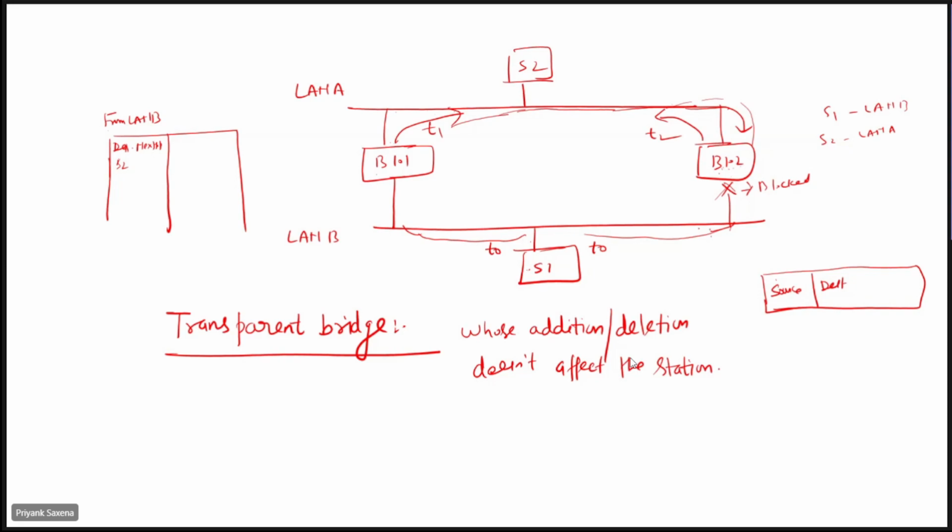There are three conditions that a transparent bridge should conform to. The first condition is that a transparent bridge should perform address learning, which I have already told you, how the bridge learns with the movement of the frames.